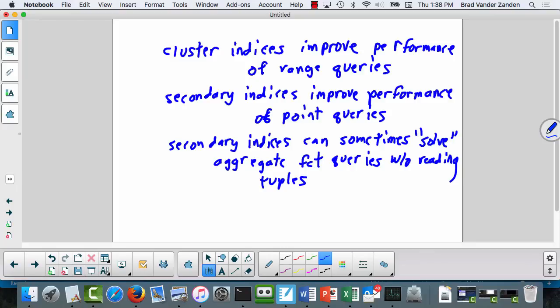For something like average or sum, it seems to me that the way you would do it is to have the index contain the actual sum, and then update it each time. I don't know how databases are actually implemented at that level, but it wouldn't surprise me if they do something like that.